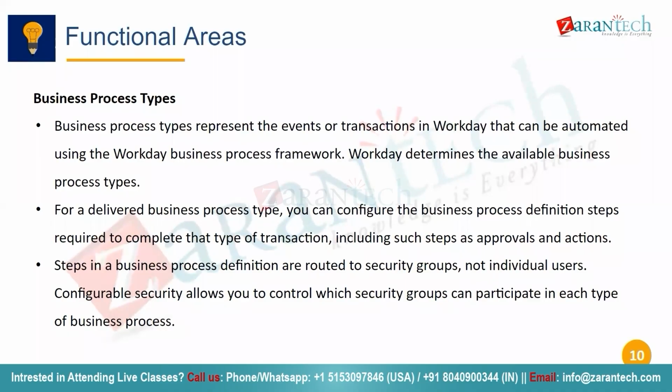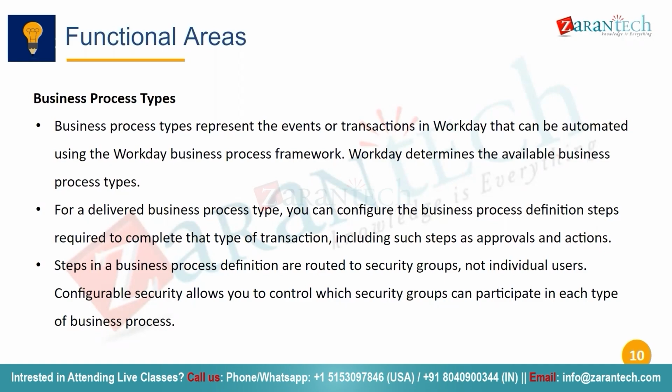It should route the approval to a manager, and then route approval to the HR business partner's manager, like a set of approval steps. And this set of approval steps we will define based on the security groups.